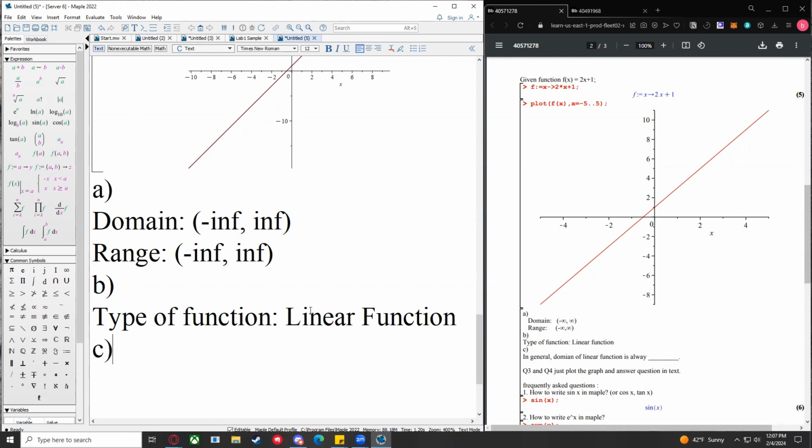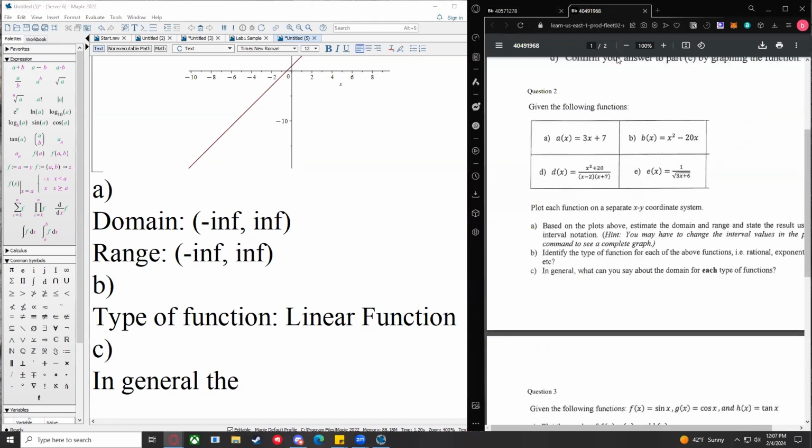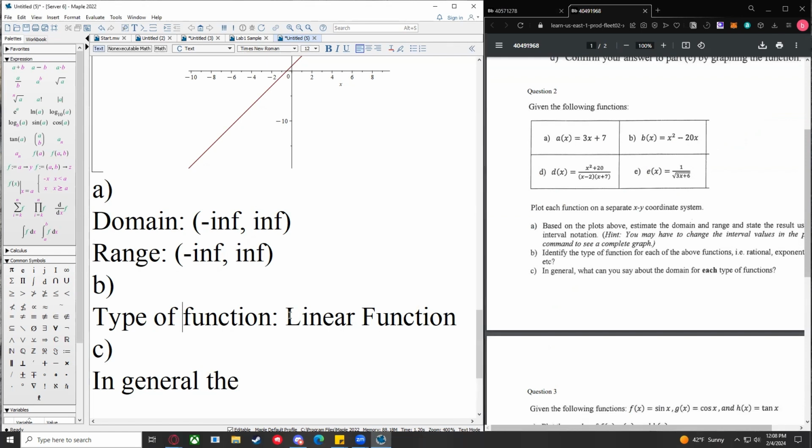And then in general, the domain for a linear function is always what? In general. Oh, let me go back to the question because I feel like we didn't read it. So the question for part C says, in general, what can you say about the domain for each type of function? So in other words, what can we say about the domain for all lines? For all lines.